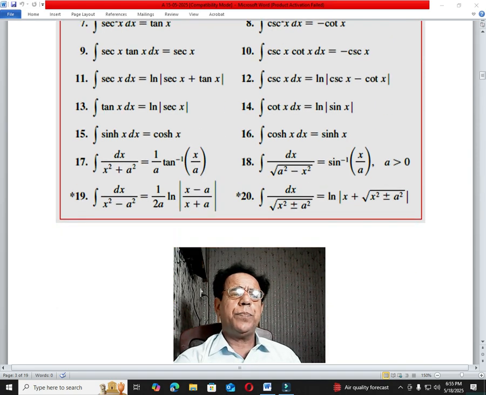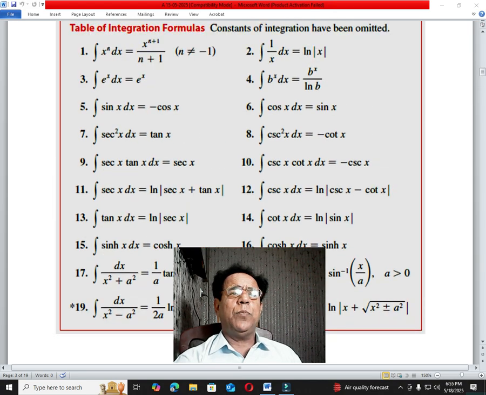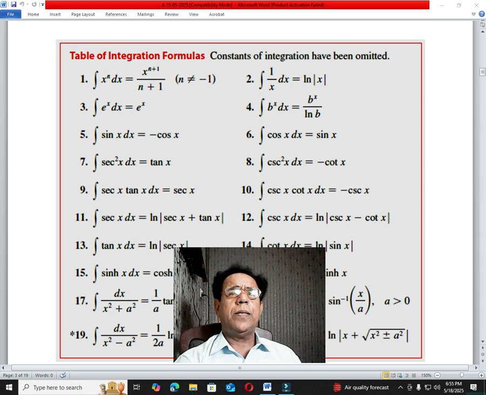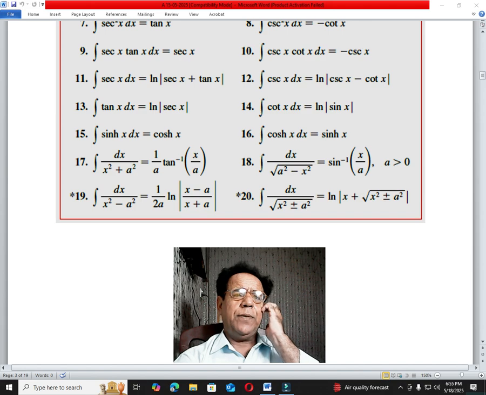Anyhow, these are a total of 20 formulas. Our 8 problems will be covered by these formulas. There is nothing special to be explained.